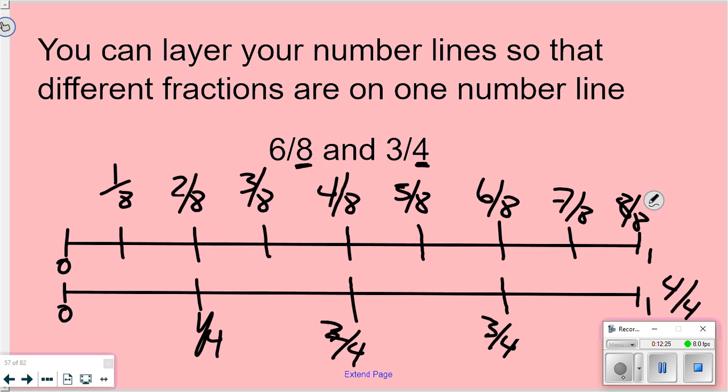When you put them on the same number line, what was one point that overlapped? Brianna?